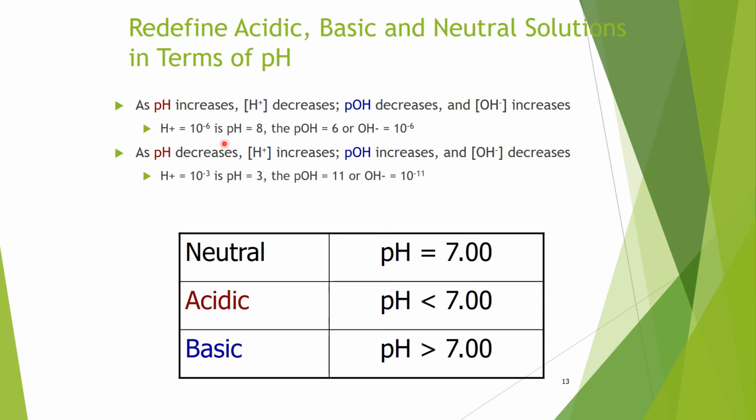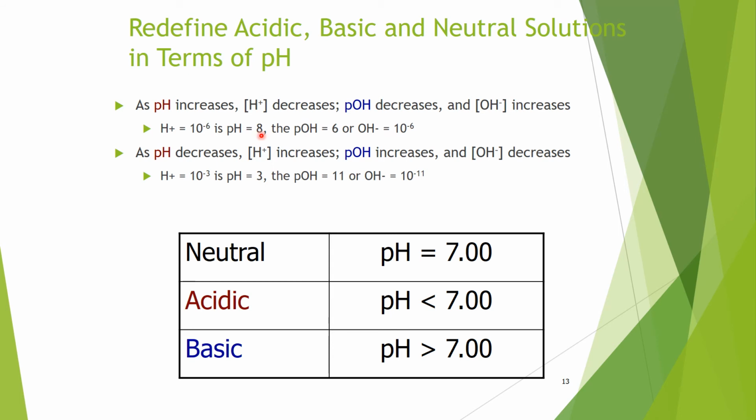Now, if the H plus were to decrease, let's say to 10 to the minus 8th, the pH would be 8, which is the minus log of this. And the OH minus would be 10 to the minus 6. So this goes down by a power of 10, and this goes up by a power of 10.